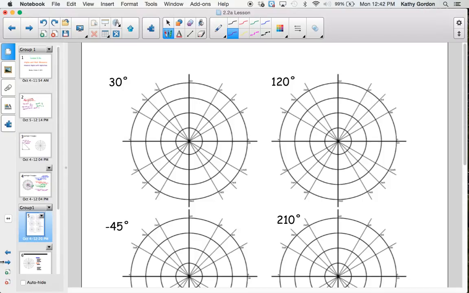So the top one is going to be a 30-degree angle. Top right, draw what you think a 120-degree angle would look like, a negative 45-degree angle for this one, and then a 210-degree angle for that one. Sketch it as best you can, but draw what you think that angle of that measurement would look like in a rotational setup like this.